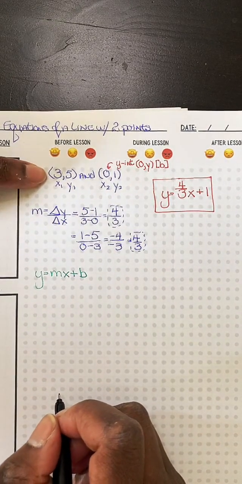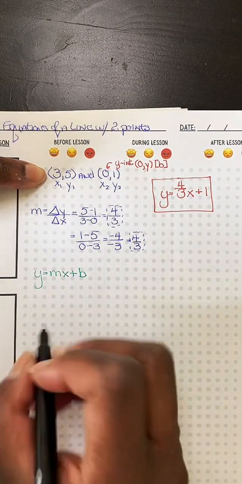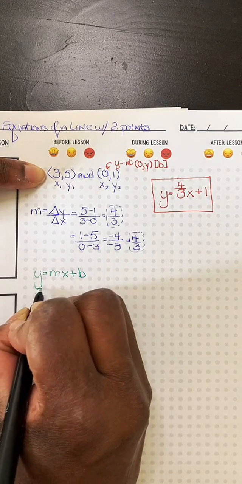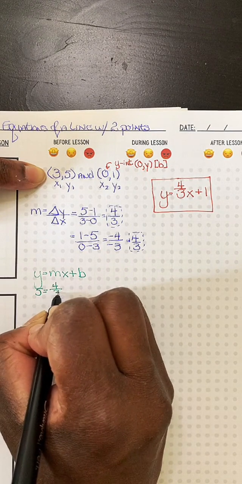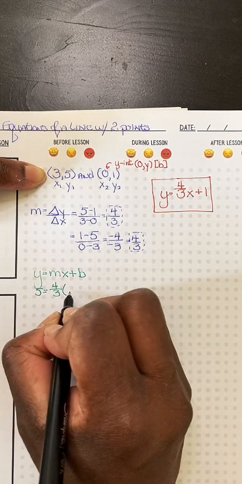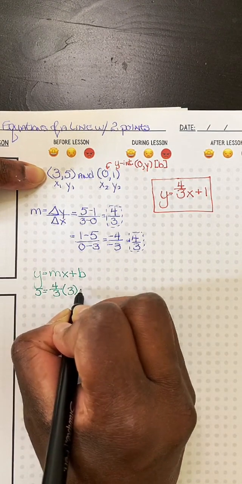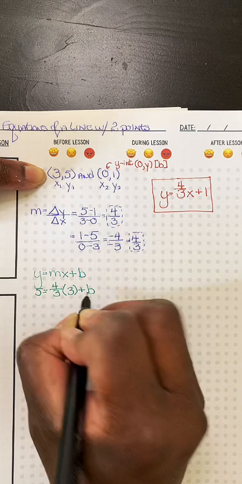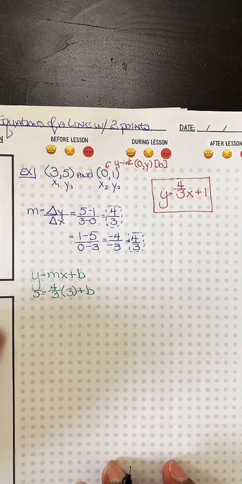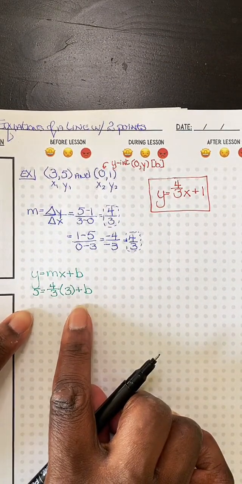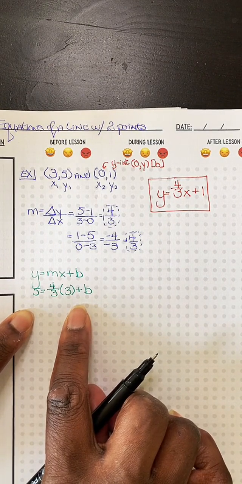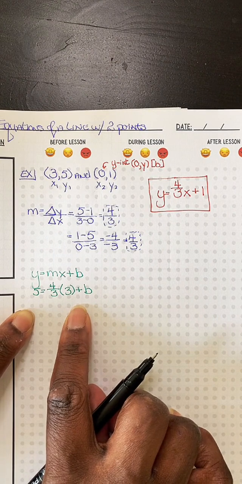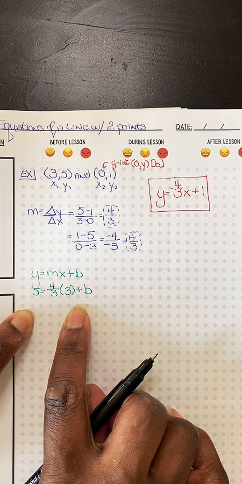If I pick the point 3, 5, that means 5 is my y, the 4/3 is my slope, and the 3 is my x, plus b. We're going to use the equation of the line to find our b, or you can graph it, one of the two.